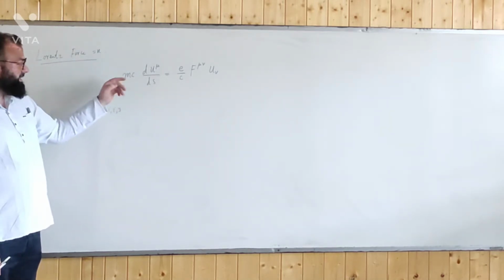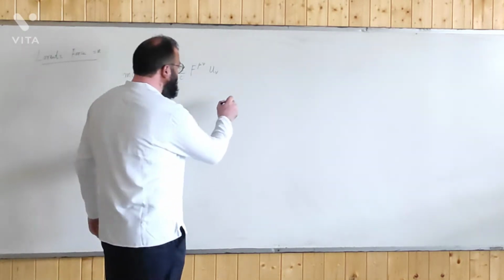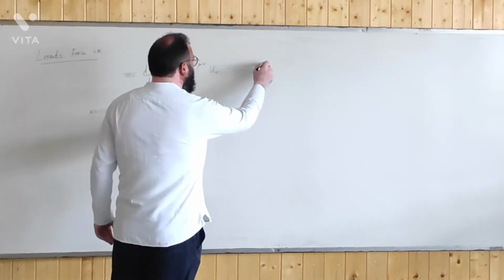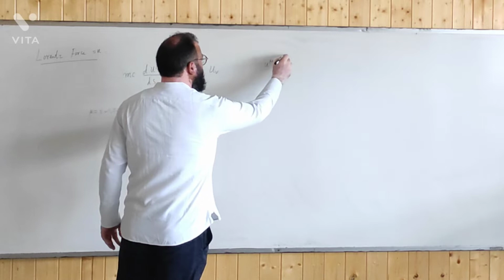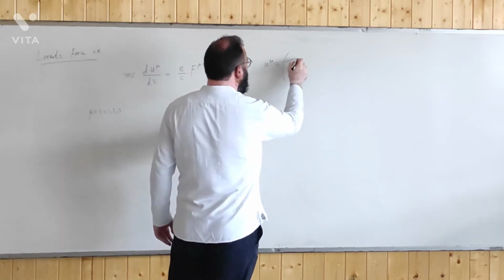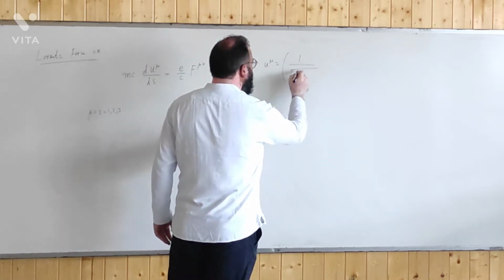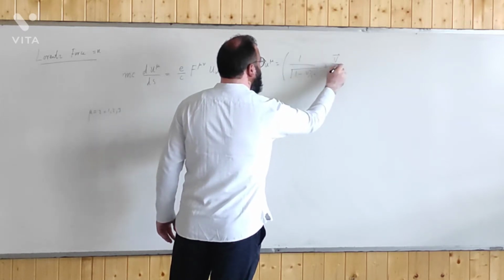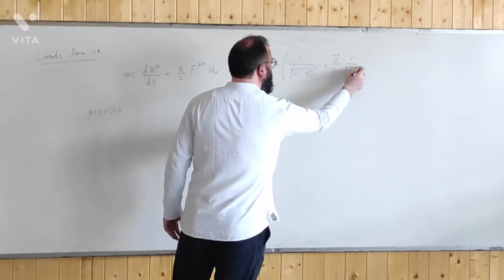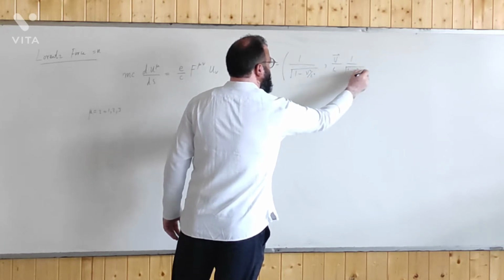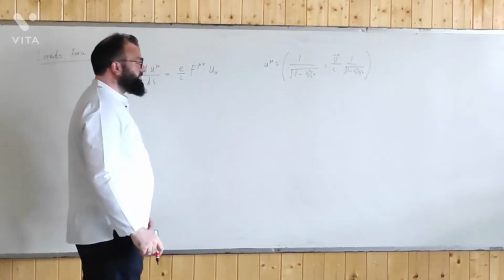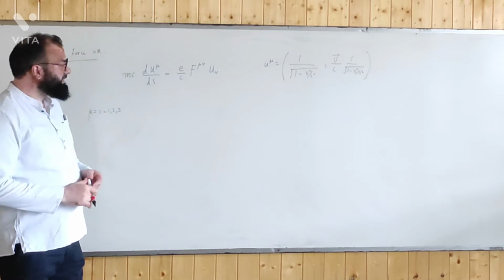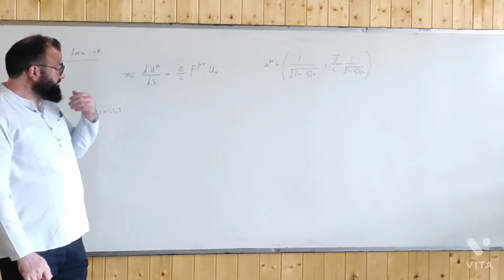Why? If you remember, the temporal component of u is 1 divided by root of 1 minus v square by c square, and the other is v by c over root of 1 minus v square by c square. So this is our 4-velocity vector.